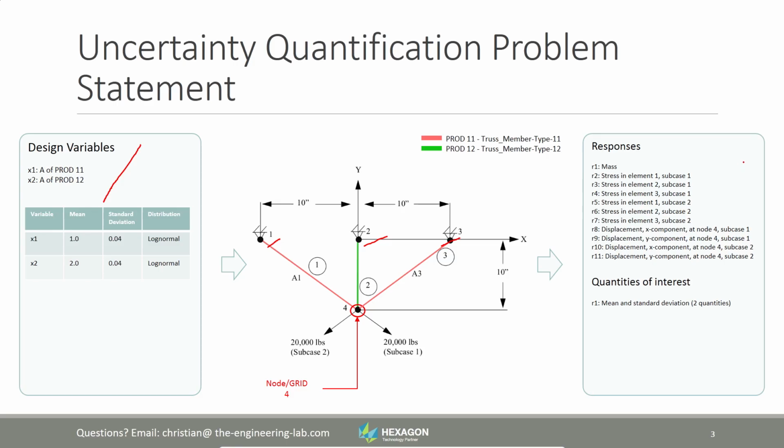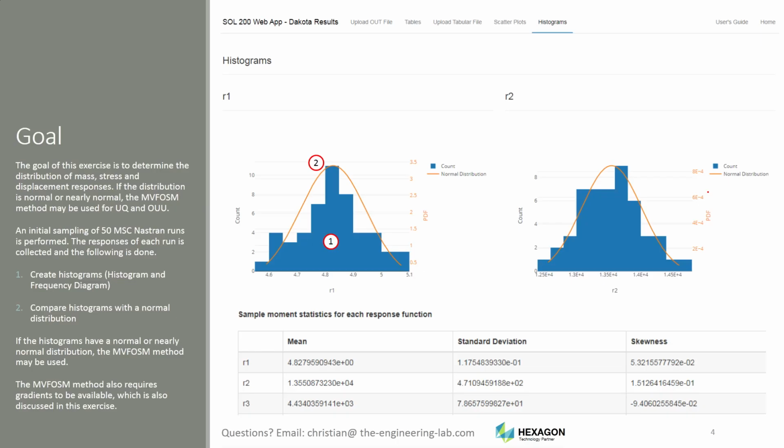We want to look at quantities like the mean, the standard deviation. Specifically, what we want in this example, we want to run Nastran multiple times. We want to collect the mass, the stress, and the displacement for the truss members. And then we want to build this histogram of the responses.